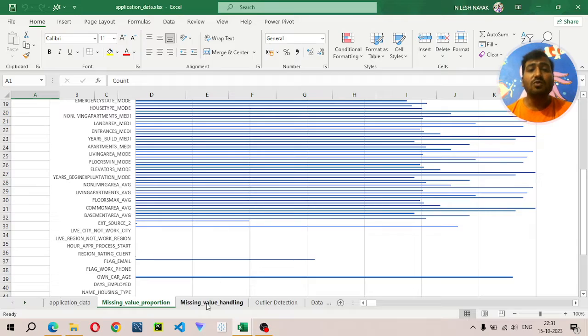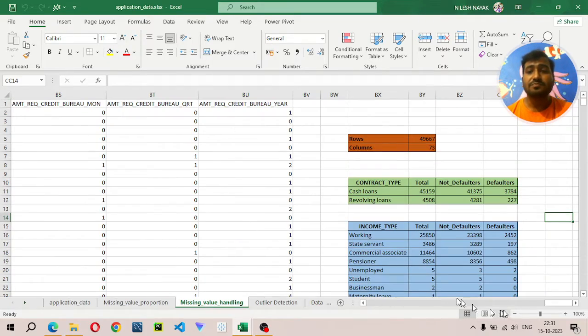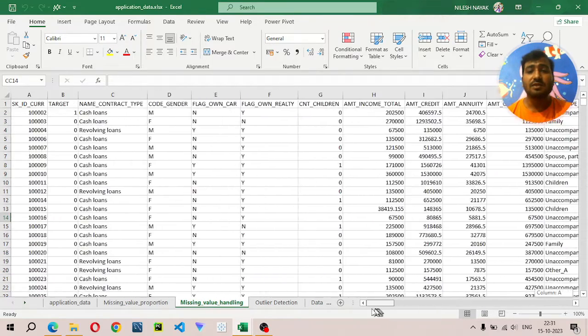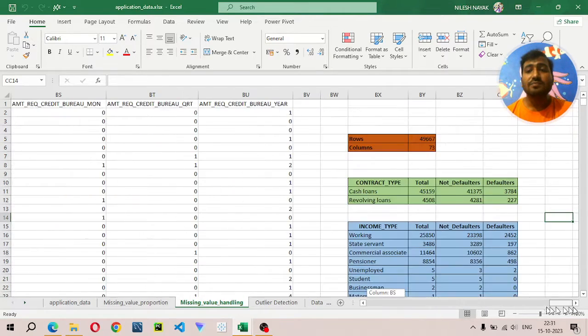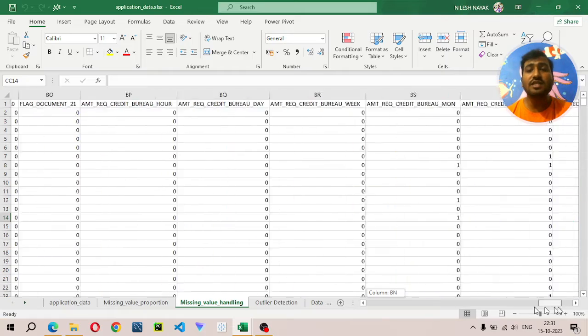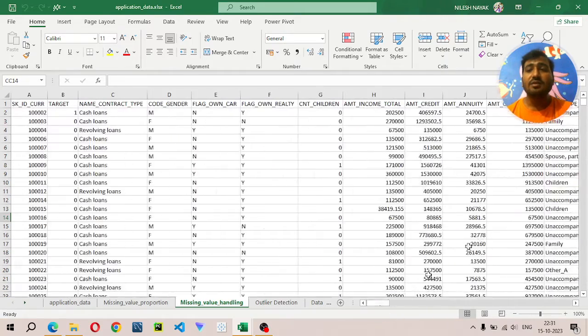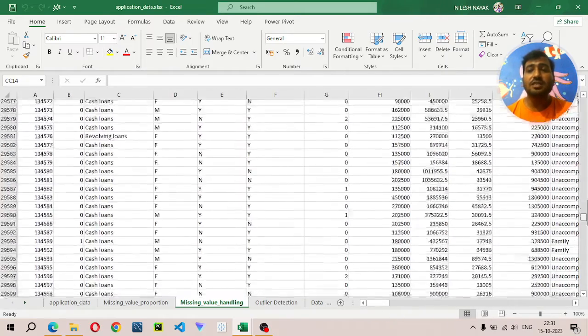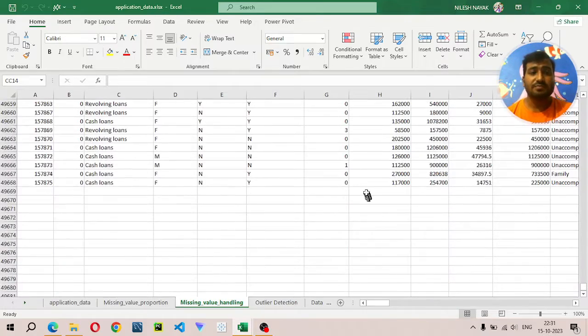Now how have we handled the missing values? After deleting and imputing all the missing data, we currently have 73 columns and 49,667 rows.